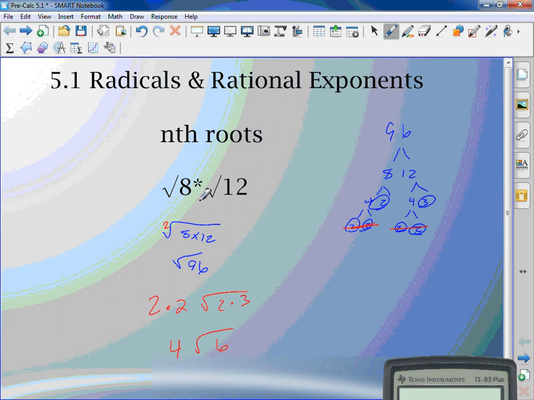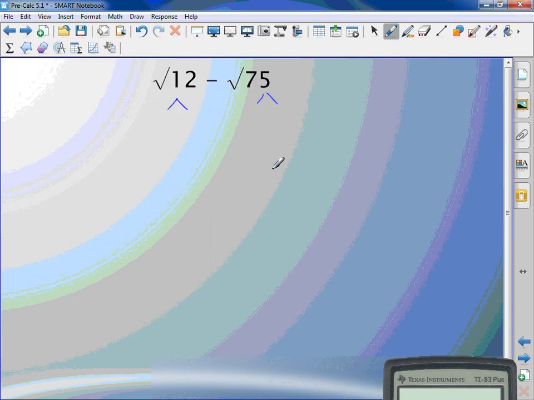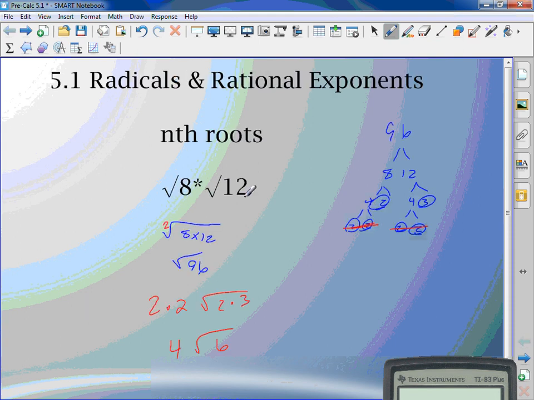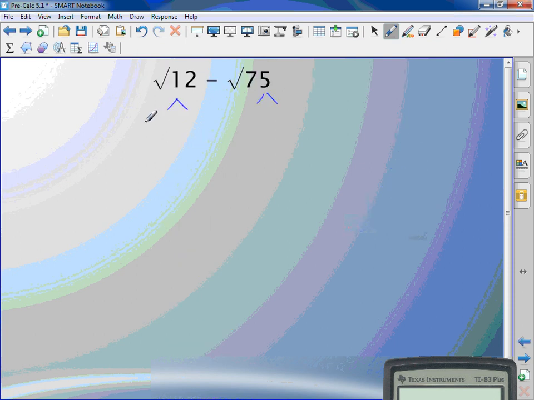Multiplying, it's okay to put them together. Adding, subtracting, you can't. Factor 12. We already know from the last problem that it's going to be 2, 2, 3. How about 75?